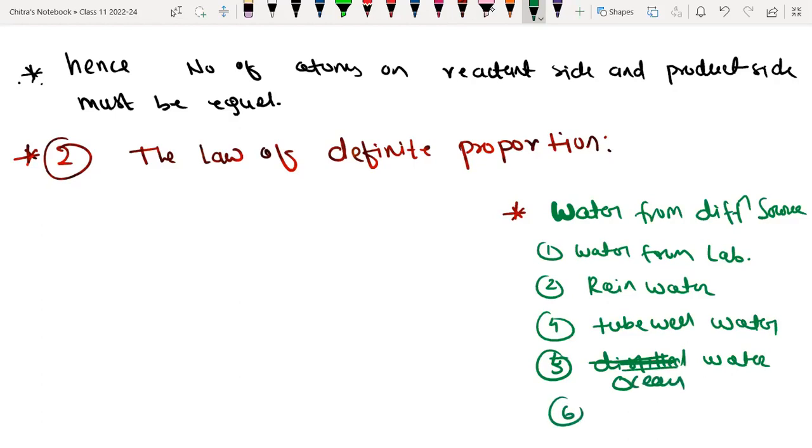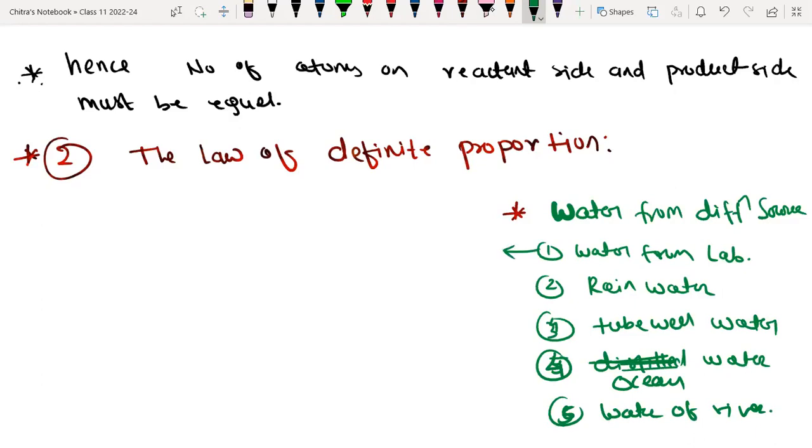And the fifth, water of river. Okay, so I have taken 5 different samples of water.